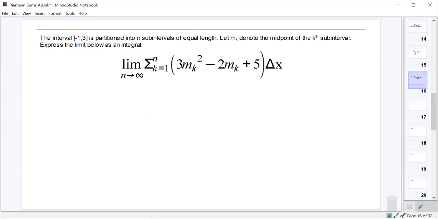And we want to express this limit as an integral. So it's got everything we need, right? The limit as n approaches infinity of the sum from k equals 1 to n, that piece of it is just our integral sign. And what should the lower limit of our integral be?